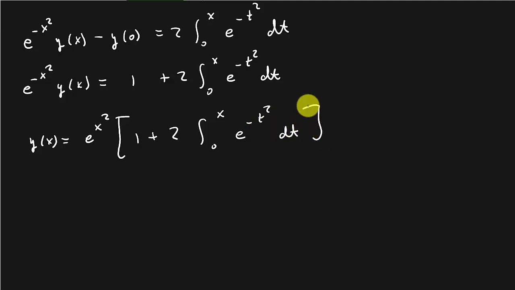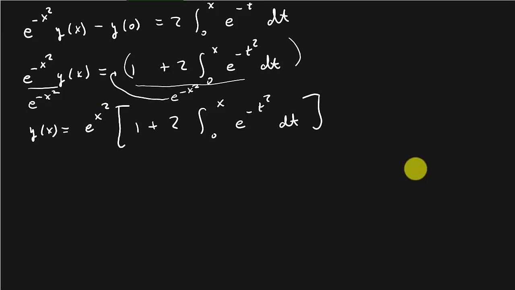See, I divided this by e to the negative x squared and divided all of this by e to the negative x squared. So when you move that up into the numerator, it becomes e to the positive x squared. That's how I got that.